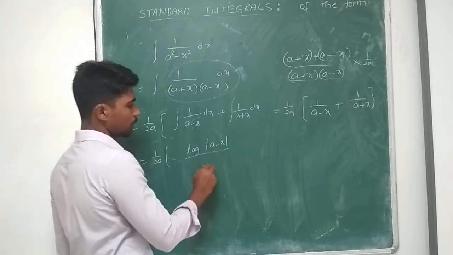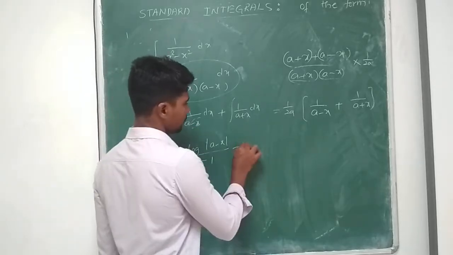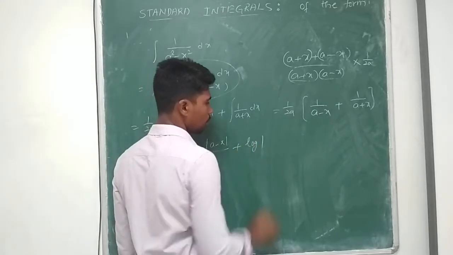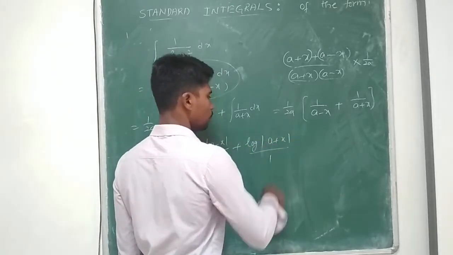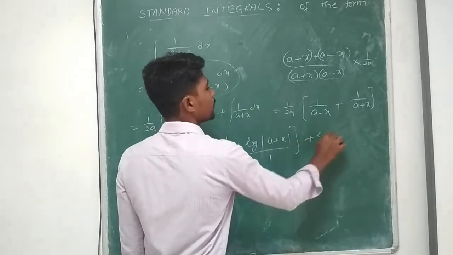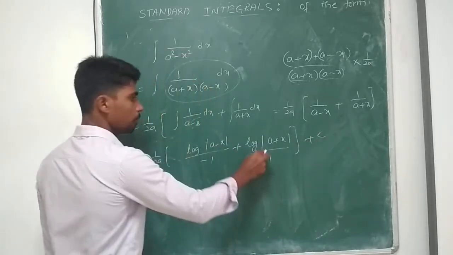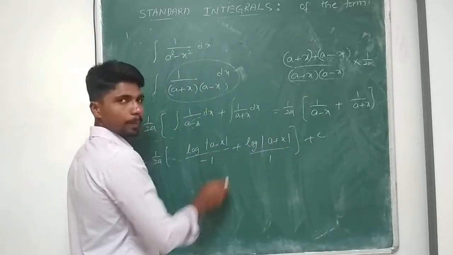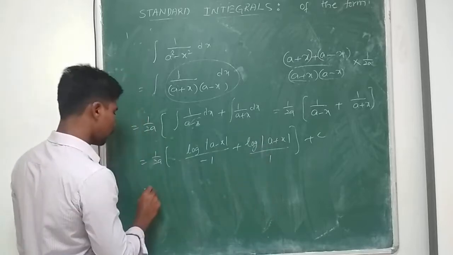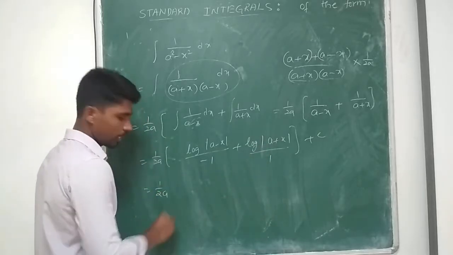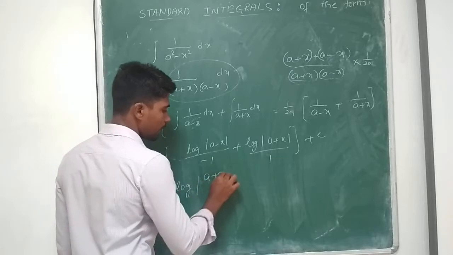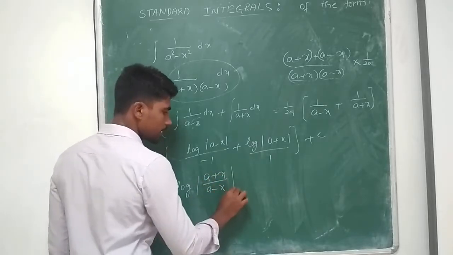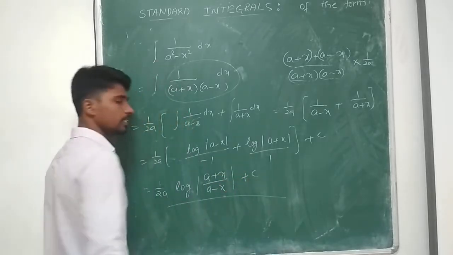So the coefficient of x is minus 1, plus log modulus of a plus x by 1, plus an arbitrary constant c. Now it is in the form log a minus log b, which is nothing but log a by b. So our answer is 1 by 2a log modulus of a plus x by a minus x plus a constant c.